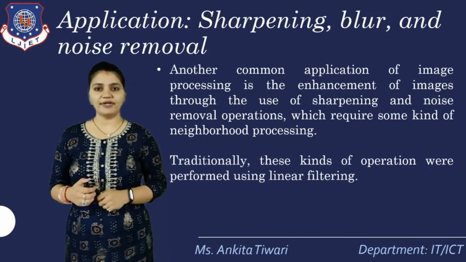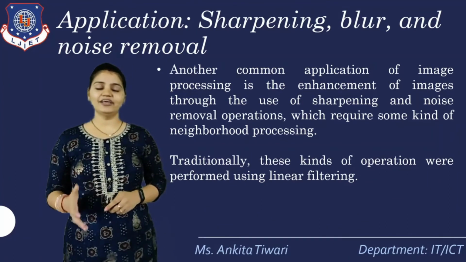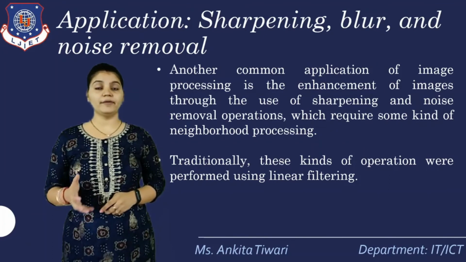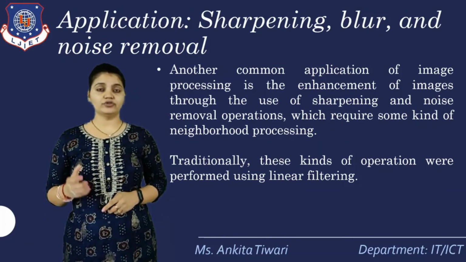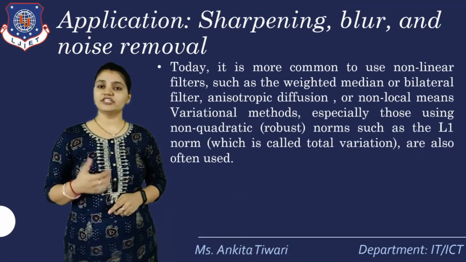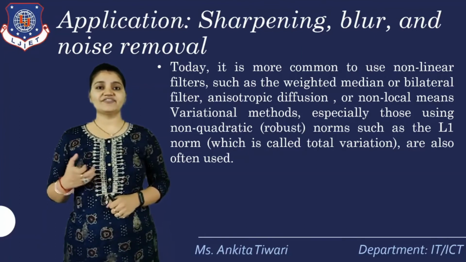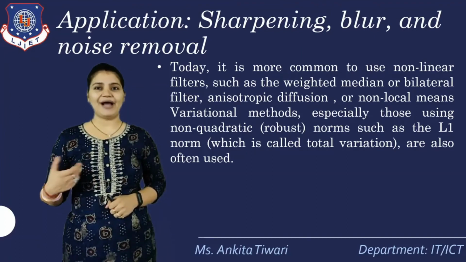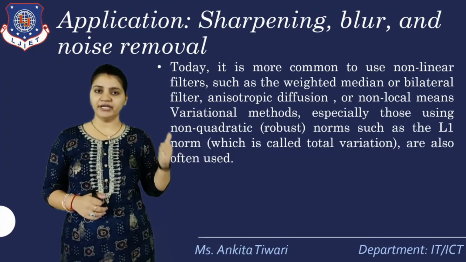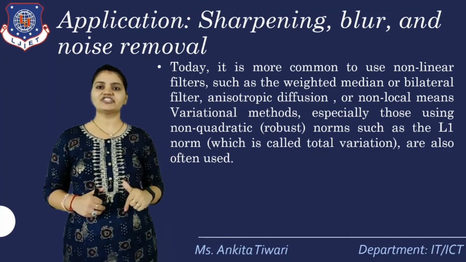Traditionally, these kinds of operations were performed using linear filtering. So linear filtering is used to sharpen, to remove blur, and to remove noise. Today we have more common non-linear filters, such as weighted median or the bilateral filter. We have already seen the median and bilateral filtering processes in non-linear filtering in the above lectures.